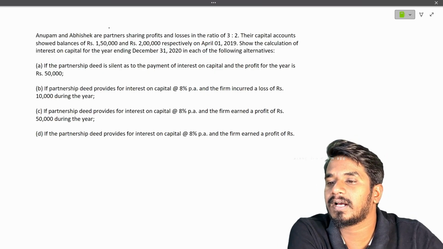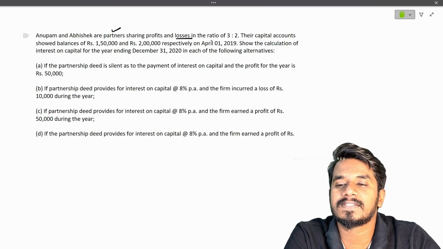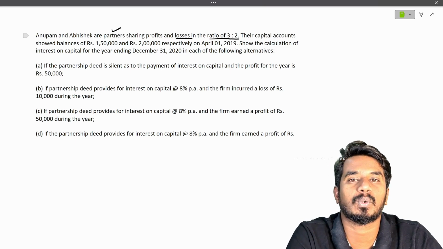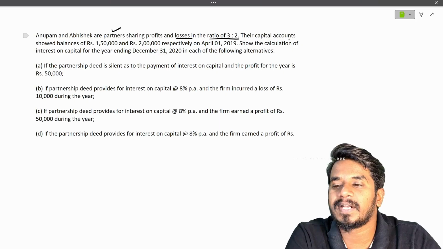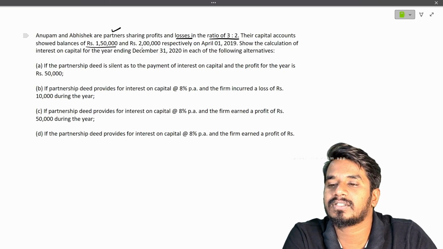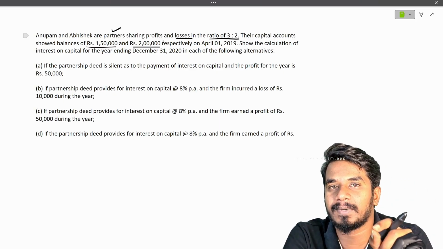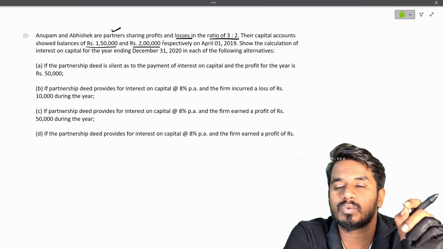Anupam and Abhishek are partners sharing profits and losses in the ratio 3 is to 2. Their capital accounts showed a balance of rupees 1,50,000 and 2 lakh rupees. So Anupam has 1,50,000 as capital balance and Abhishek has 2 lakh rupees.